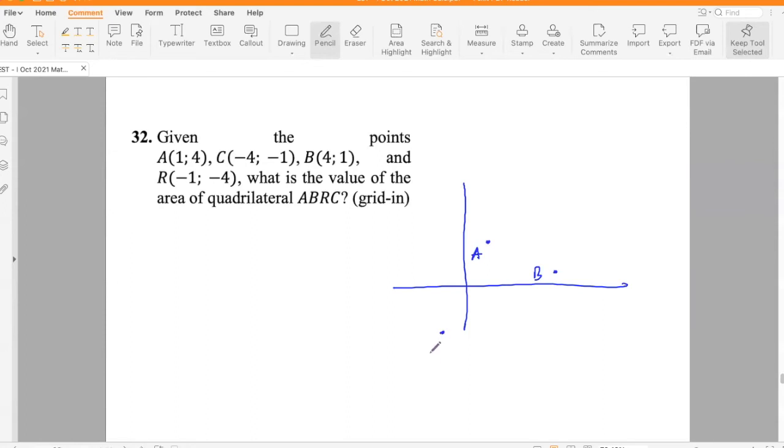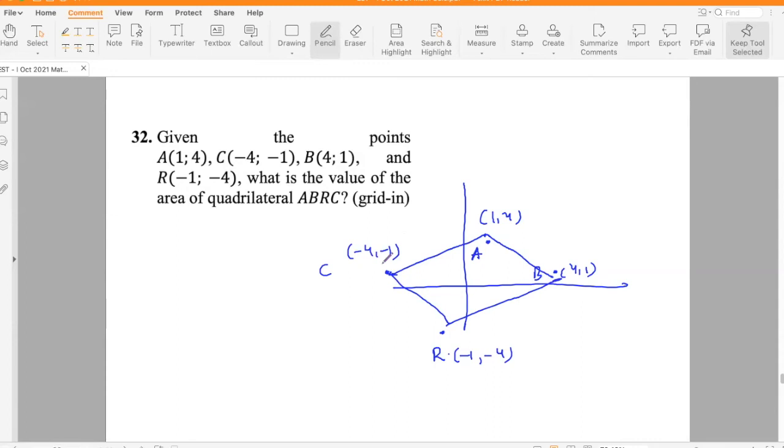Okay, this is R. And C is -4, -1. Okay. So see, this is how it would look. Okay. So this is 1, 4, 4, 1, -1, -4, and -4, -1.